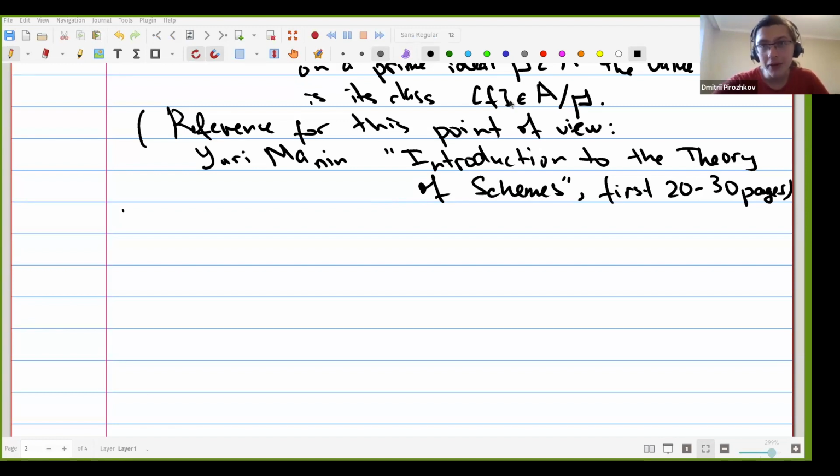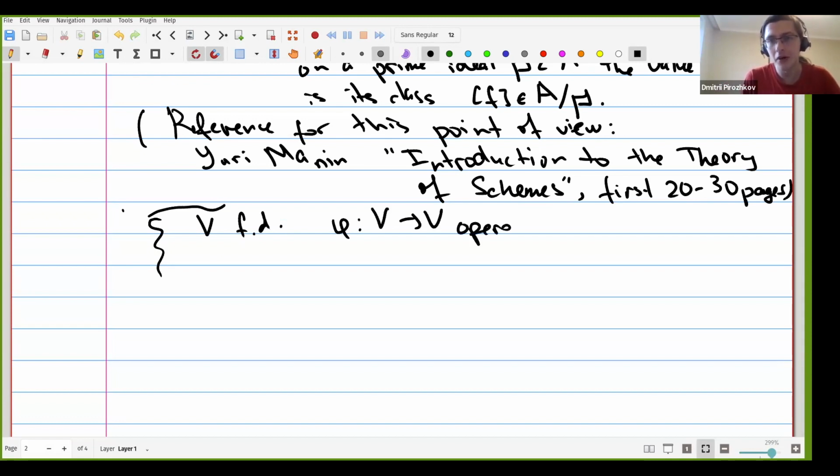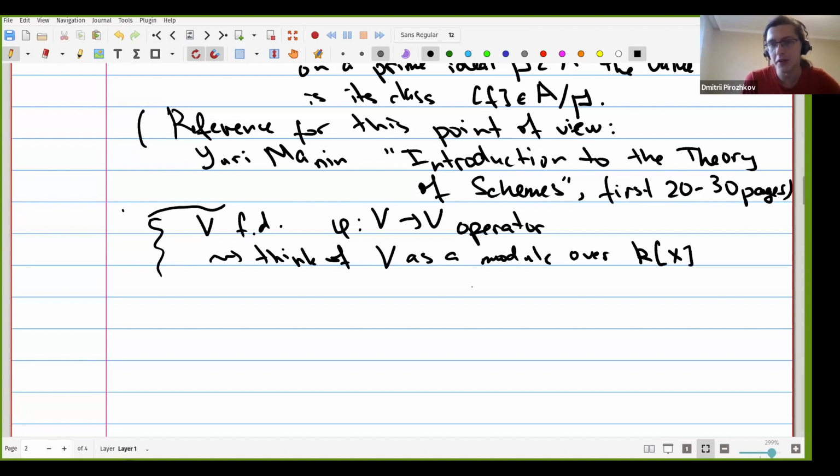If V is finite dimensional and you have a linear map phi from V to V, an operator, then this gives you a way to think of V as a module over a polynomial ring K[X], where K is the base field, and X acts by phi.